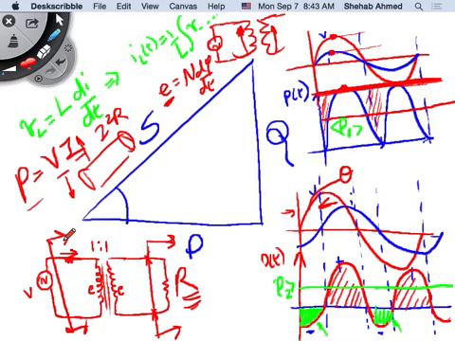That's exactly what happens. The power that was used to set up the magnetic field goes back to the supply, assuming that there's no resistive loss. And that's what's called reactive power. So reactive power is power that is exchanged between the source and the loads to set up things like magnetic fields for transformers, to set up things like magnetic fields in motors, right?